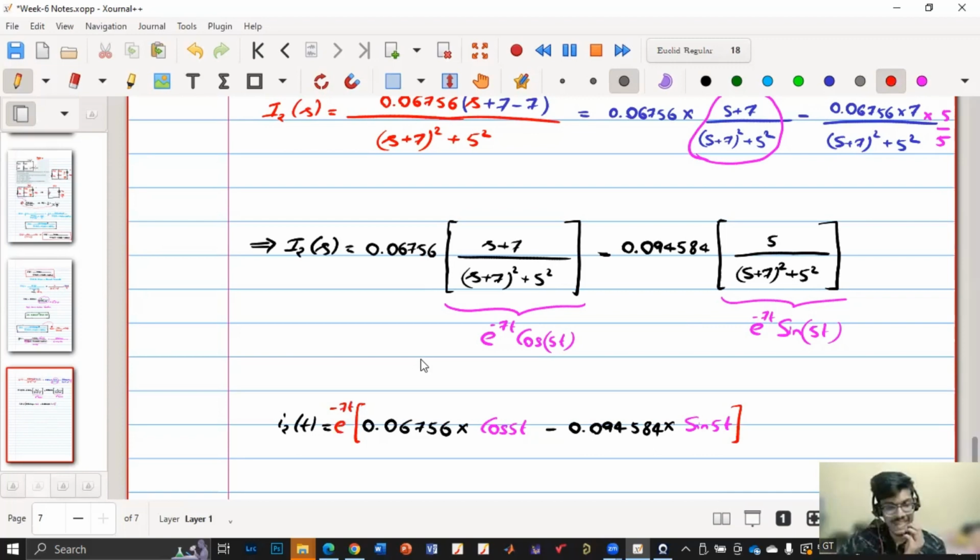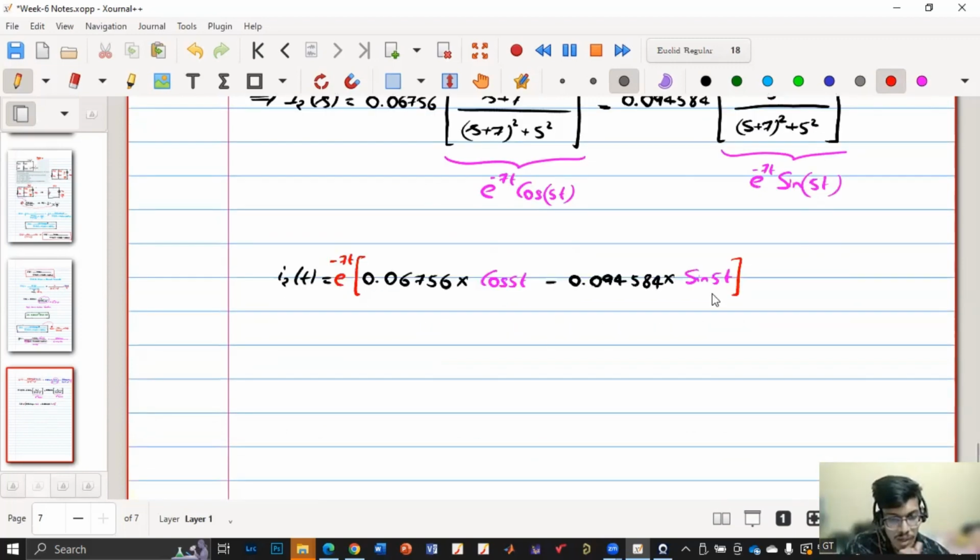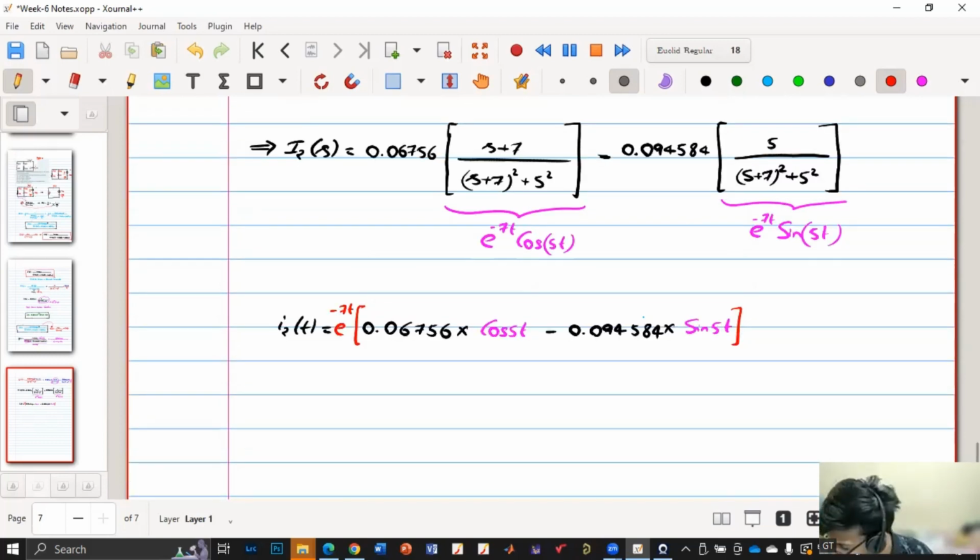So now I see that it is in the format of sin omega t cos theta, cos omega t sin theta. So for this to be converted into cos theta or sin theta, I have to multiply and divide it by square root of 0.067 square plus 0.094 square by square root of 0.067 square plus 0.094 square.